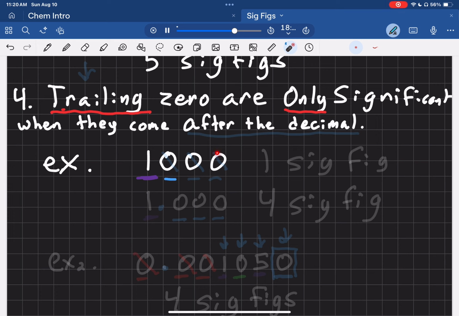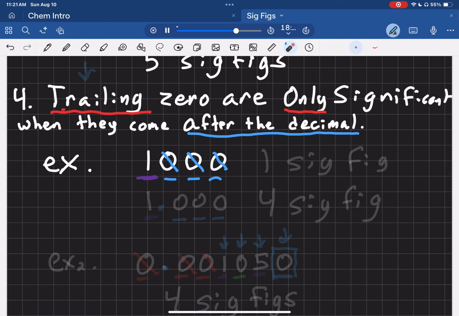We have 1, 2, and 3. Now some of you guys might say to yourself, well, Mr. Dominguez, there's 4 sig figs because we have 4 significant numbers, 1 non-zero integer and 3 trailing zeros. And I would say, okay, you're correct. They are trailing zeros. However, these are not significant because as the rule states, they have to come after the decimal. That's the only time trailing zeros are significant.